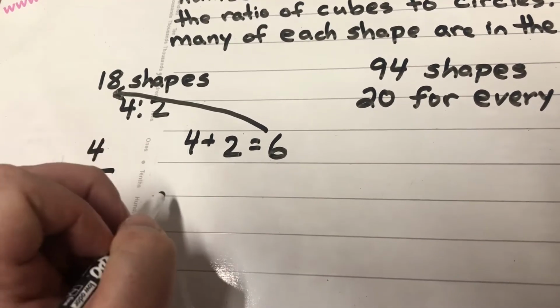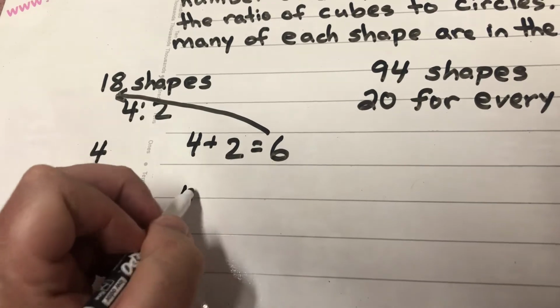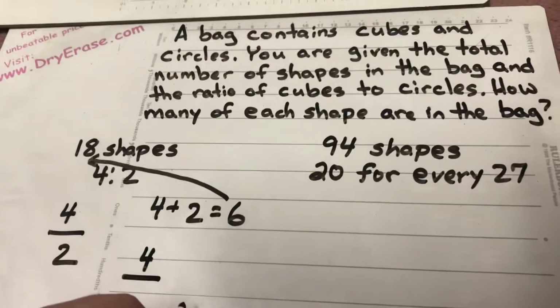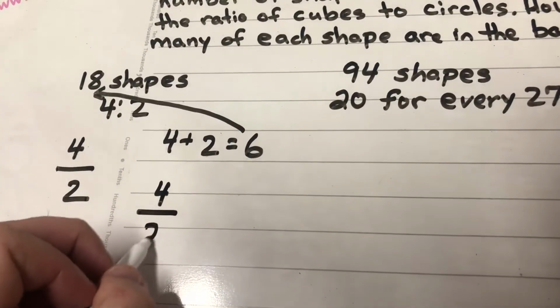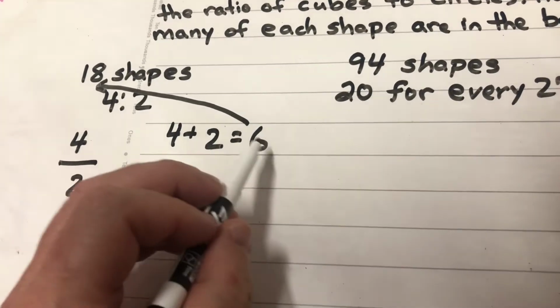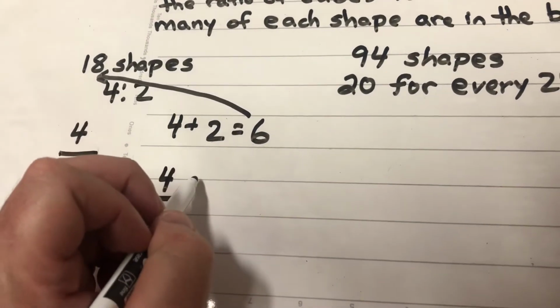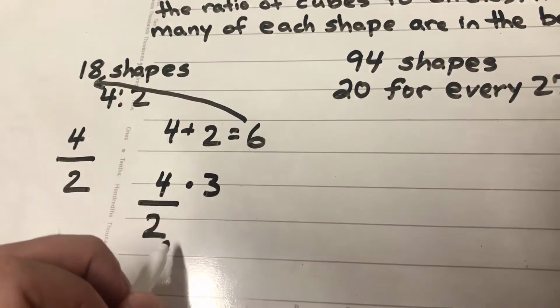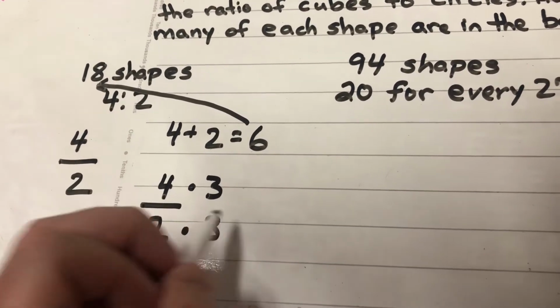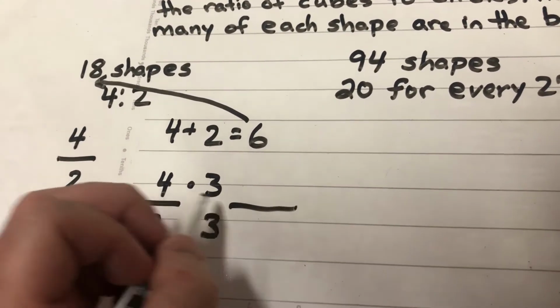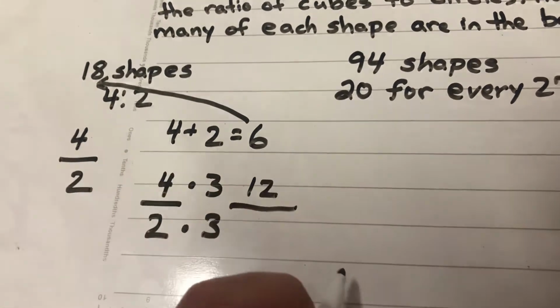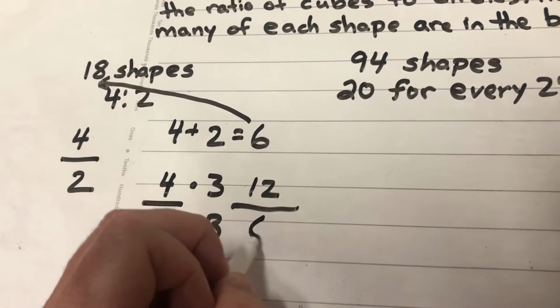Well, if I have 4 cubes and 2 circles, and that gives me 6, and I have to multiply by 3 to get 18, that tells me that I'm going to do times 3, times 3. Well, 4 times 3 is 12. 2 times 3 is 6.